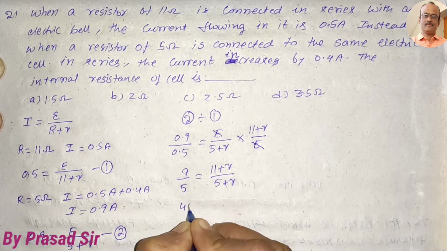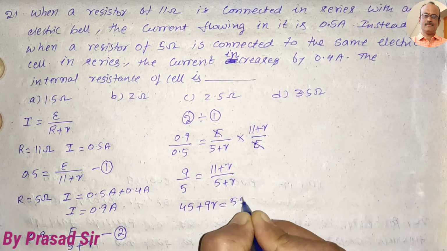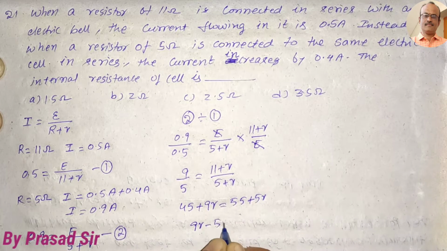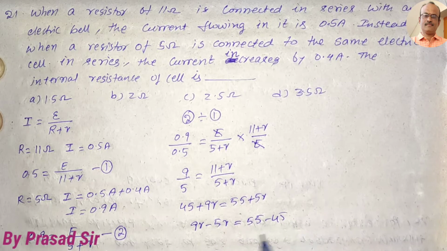Cross multiplication, 45 plus 9r is equal to 55 plus 5r. So here 9r minus 5r is equal to 55 minus 45, that is 4r is equal to 10.